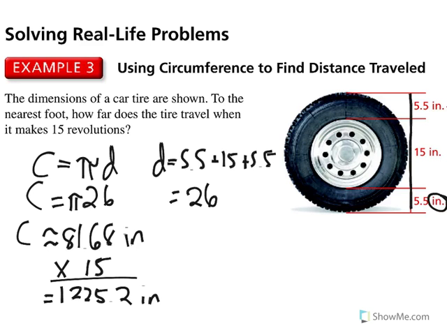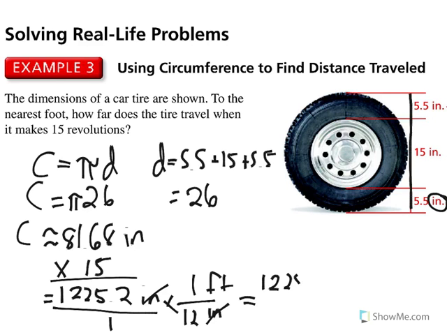But if we notice in our problem, it says the nearest foot. So if we want to convert this to feet, I was always taught to put it over 1. And so my converting factor, I need to get rid of inches, so it needs to go on the bottom, okay? And to change it to feet, so now my inches would cancel. And so I know there's 12 inches in 1 foot, so that means I'm going to divide that by 12.